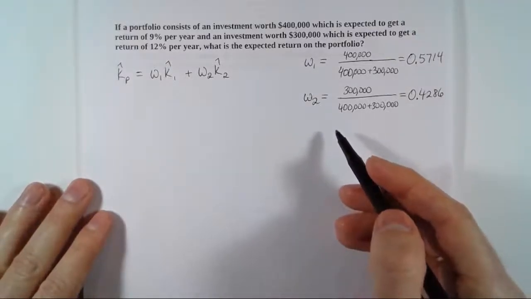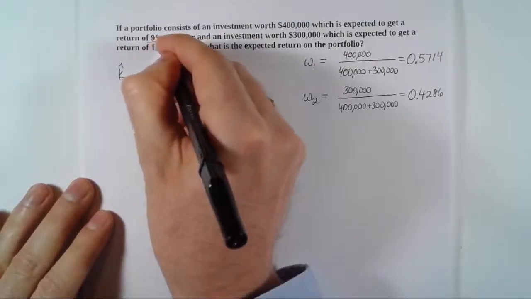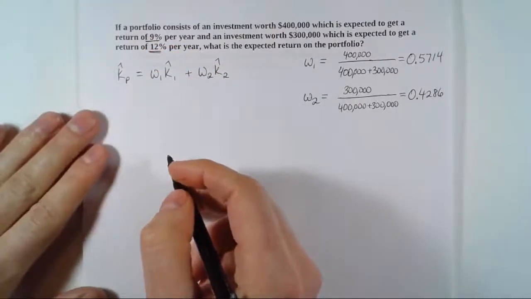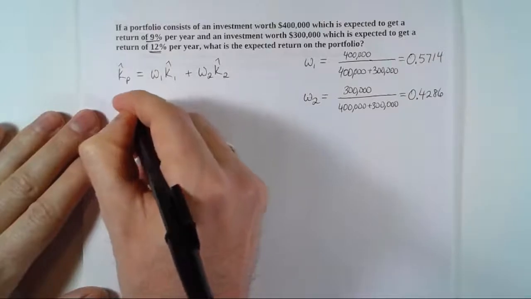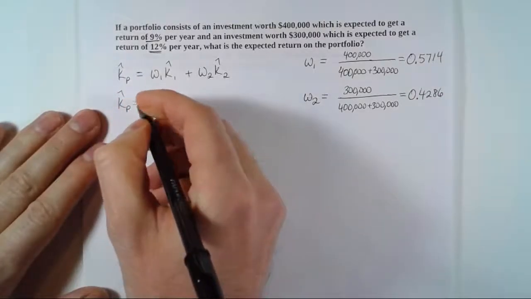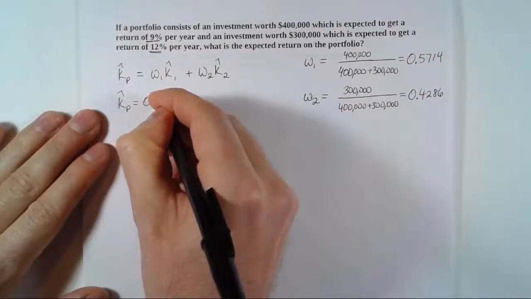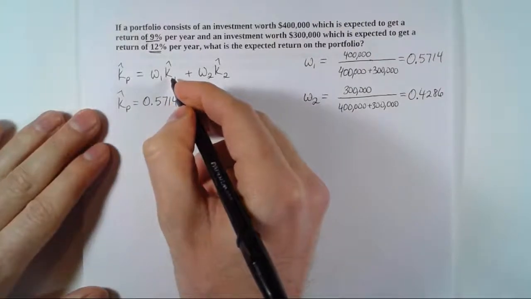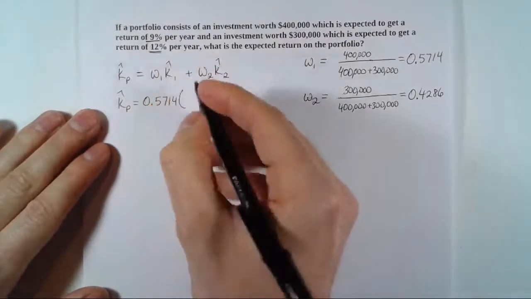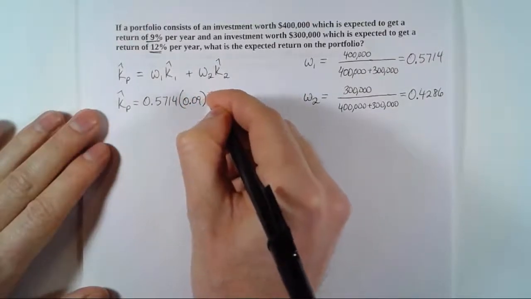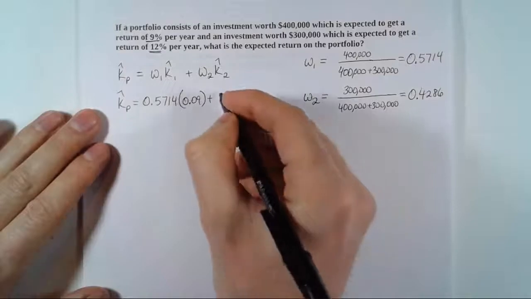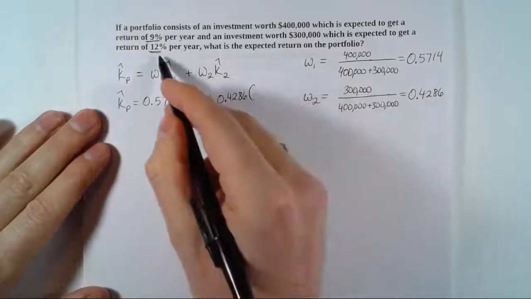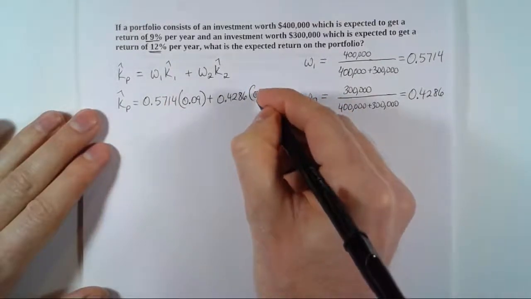So now we have the expected rate of returns here for the first investment and expected rate of return here for the second investment. So what we'll do is we will substitute into this formula. So the expected rate of return for the portfolio is equal to the weight of the first investment, 0.5714, times the return on the first investment, which is expected to be 9%, so 0.09, plus the weight of the second investment, 0.4286, times the expected return on the second investment, which is 12%, so 0.12.